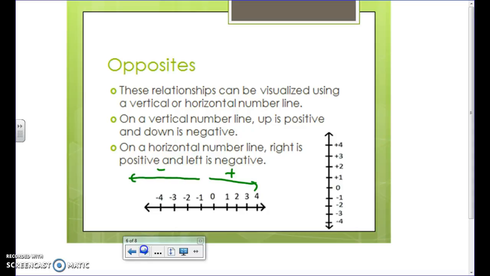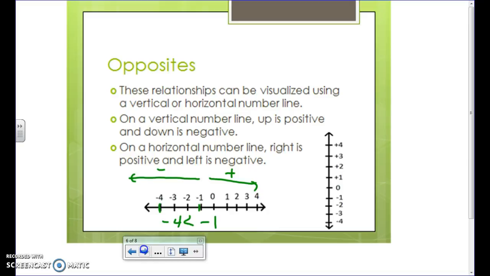So if we were comparing negative 4 and negative 1, because negative 4 is farther below 0, it's actually less than negative 1, even though the number 4 is bigger than the number 1. Negative 4 is less than negative 1. So when you start thinking about negative numbers, you think about the inequality being in the opposite direction.